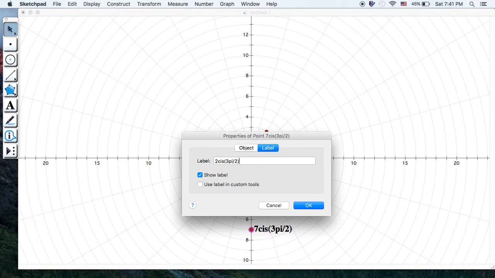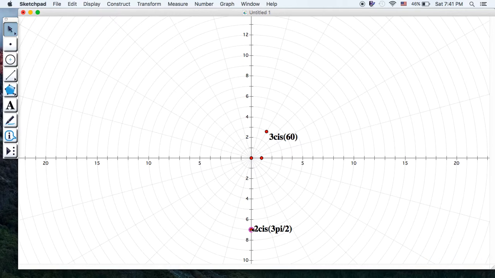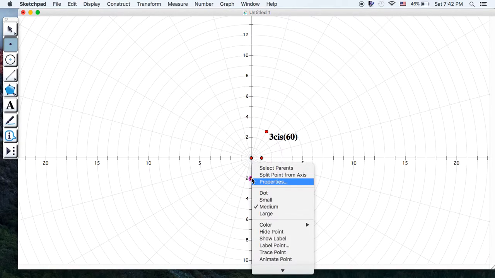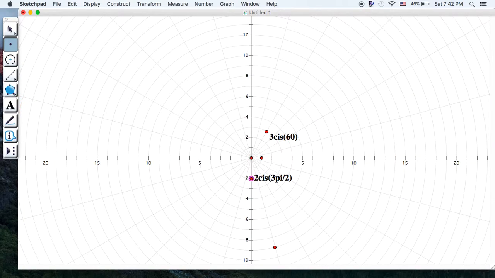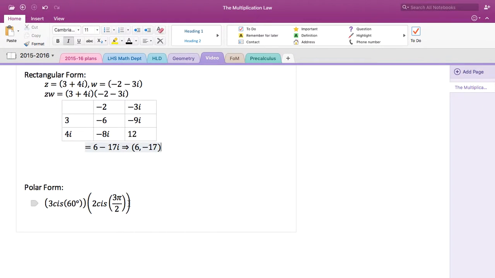The 3 pi over 2 shouldn't be there, so let's just erase that. We should have 2 CIS 3 pi over 2.